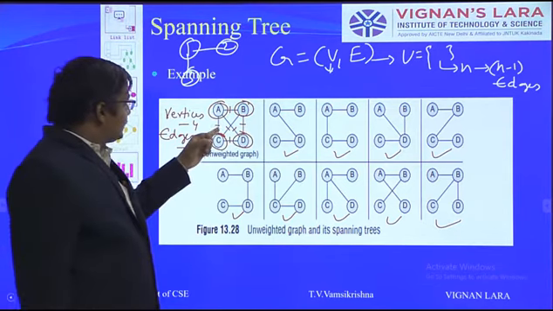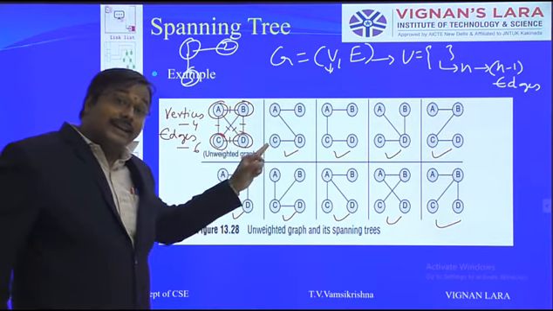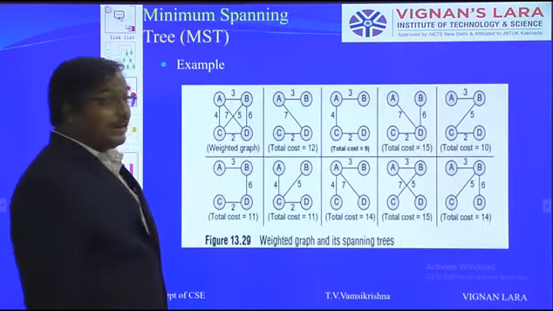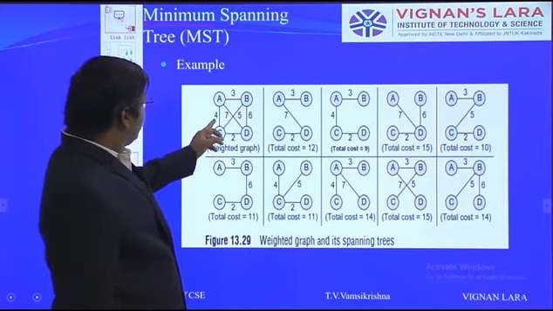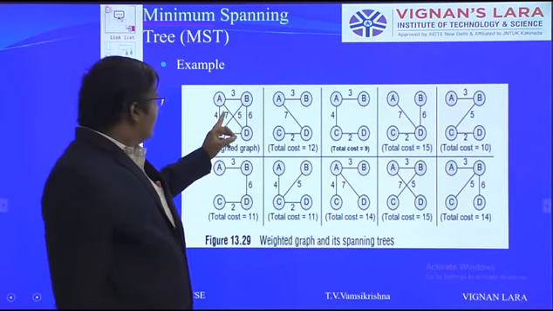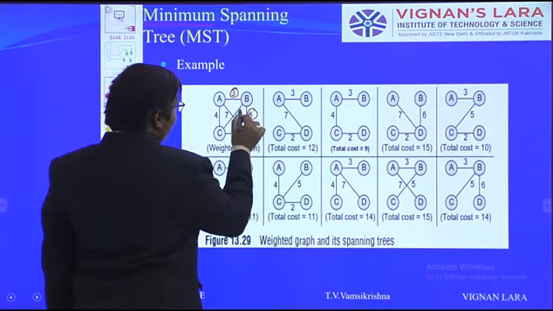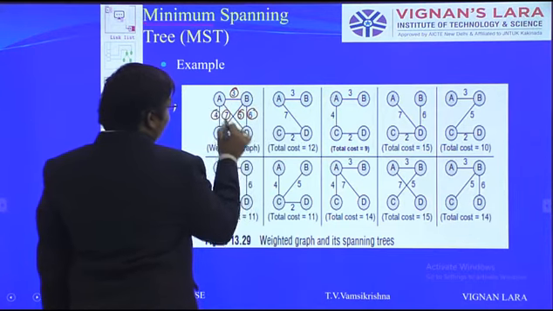So this is an undirected, unweighted graph. Minimal spanning tree means for weighted graphs. Here the same graph, but each and every edge is associated with some edge cost.